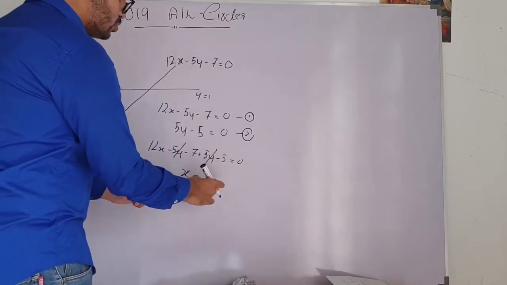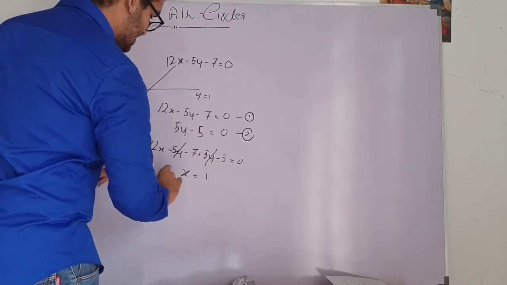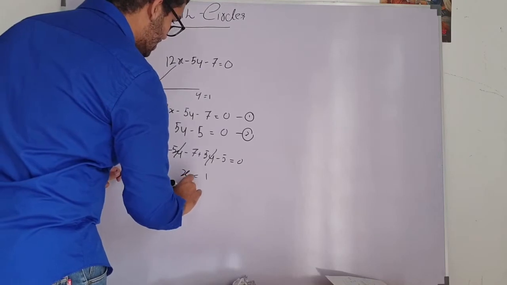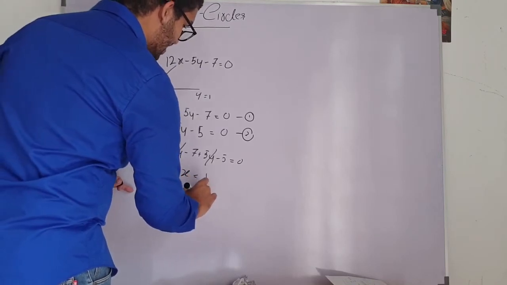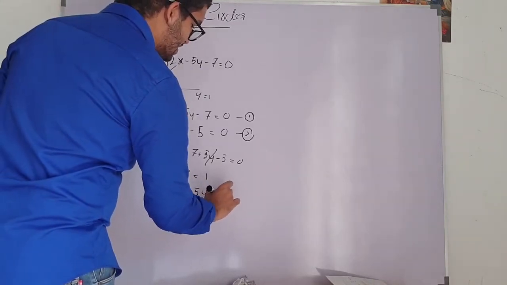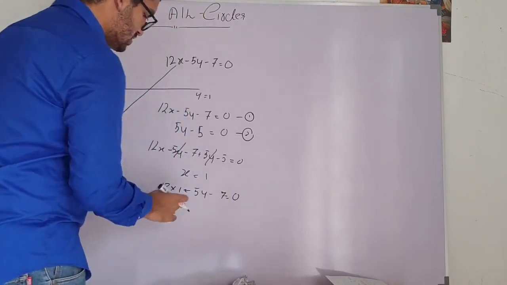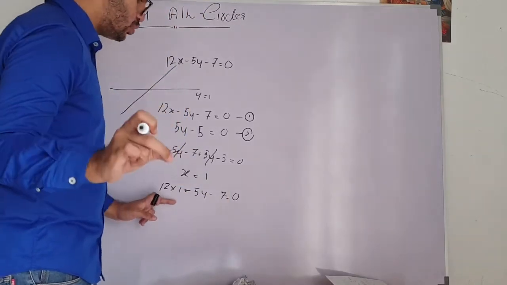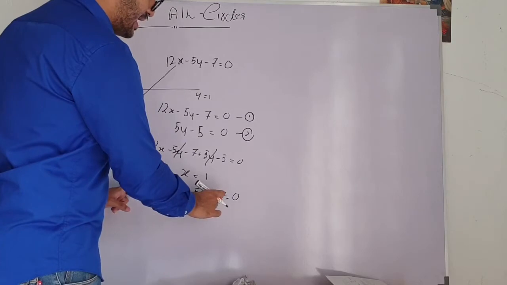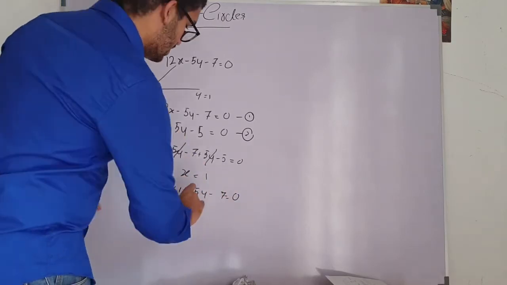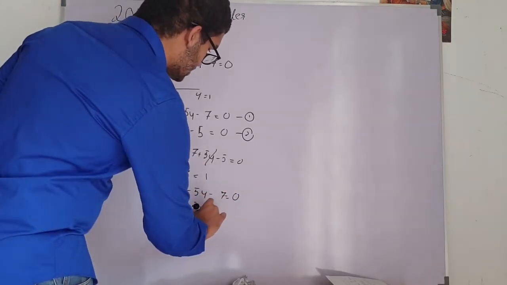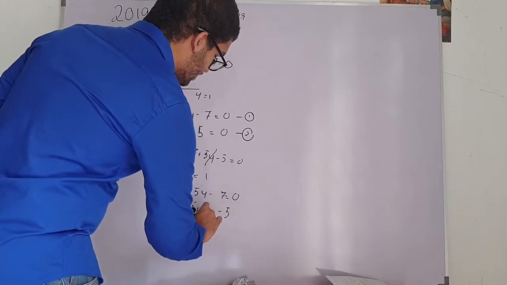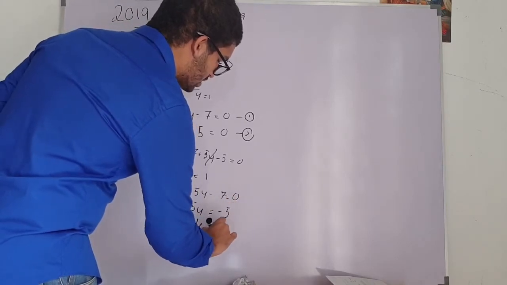So when x equals 1, in here you can see that 12 into 1 will be 12, minus 5y minus 7 equals 0. So 12 minus 7 will give you 5, and 5 minus 5y equals 0 will give you y equals 1.